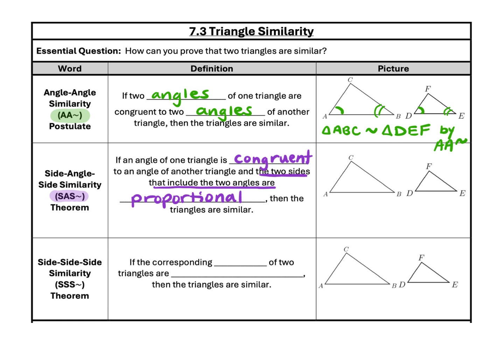It's really important that the two sides include the angle. Another way that you can think of this is that the angle must be between the two proportional sides.